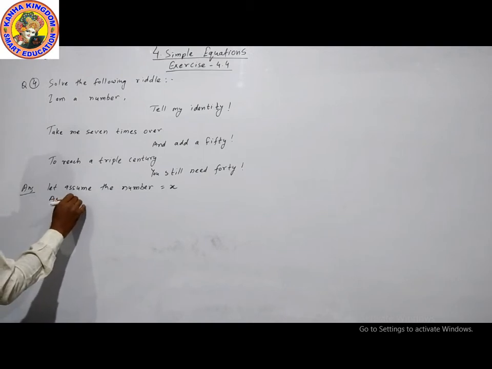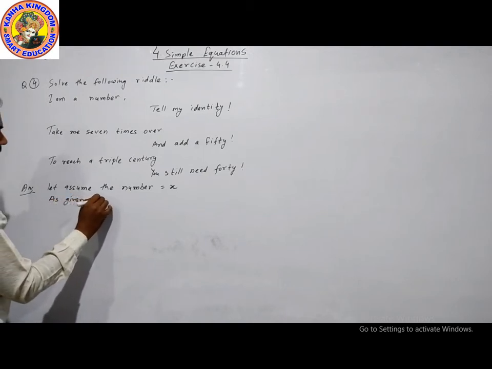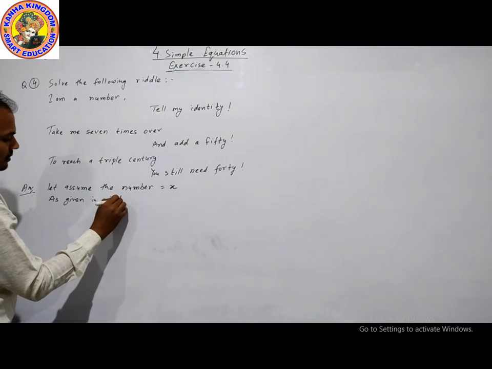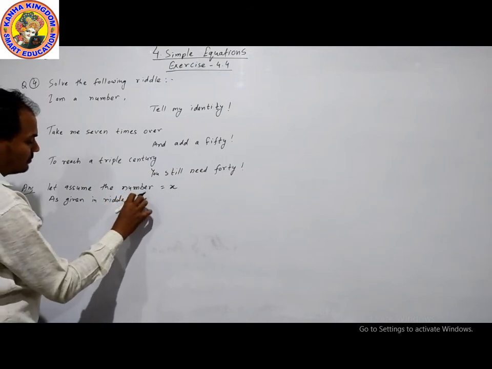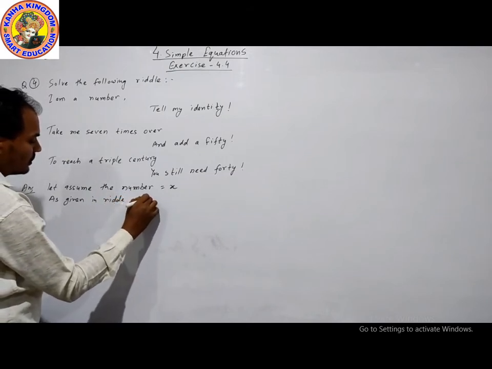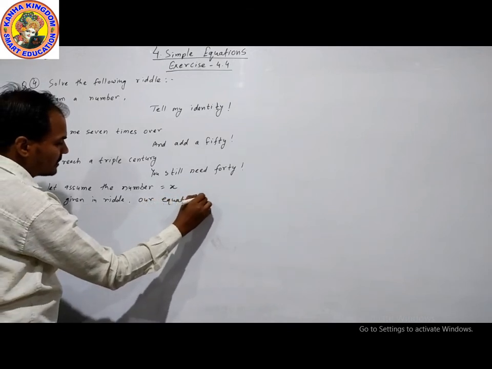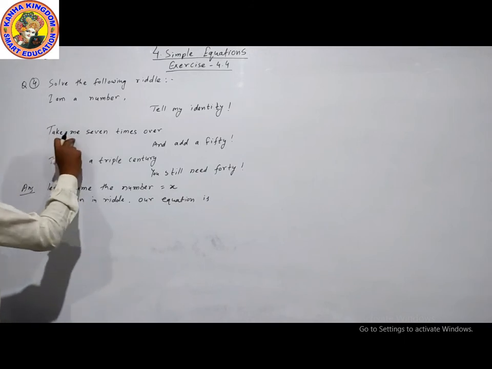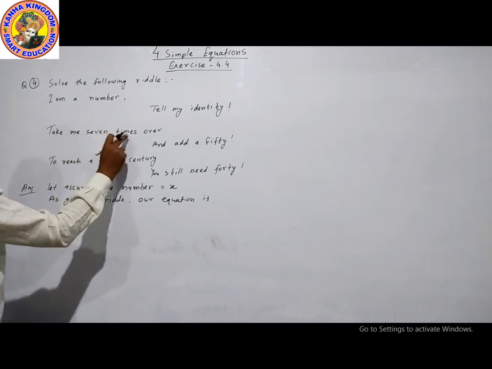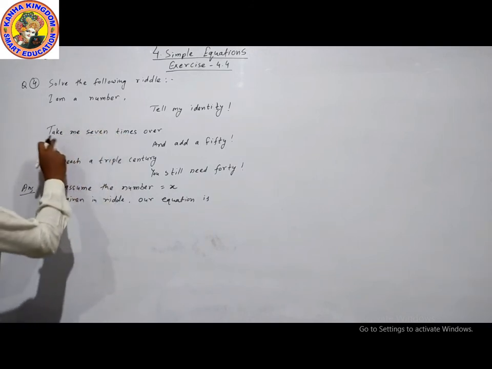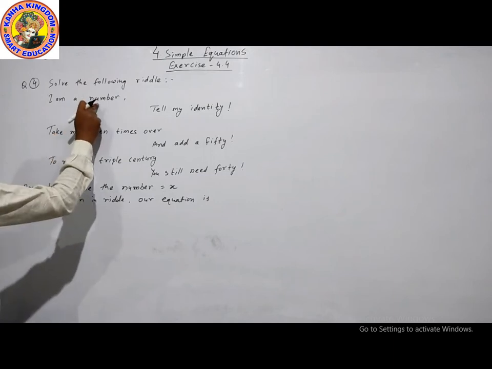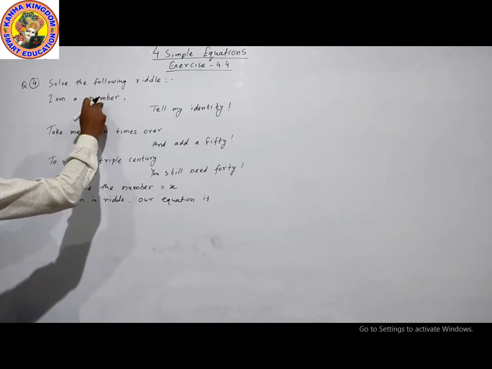As given in the riddle, our equation is: take me 7 times, 7 multiplied by the number, and the number is x.